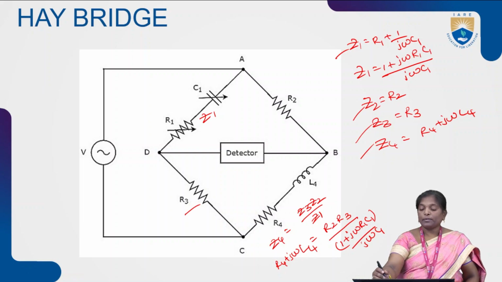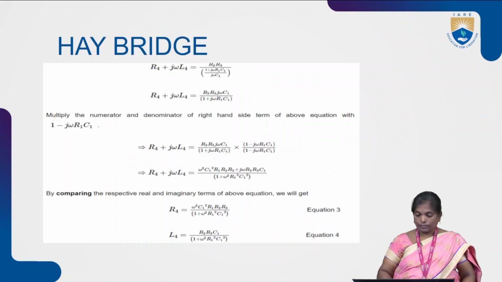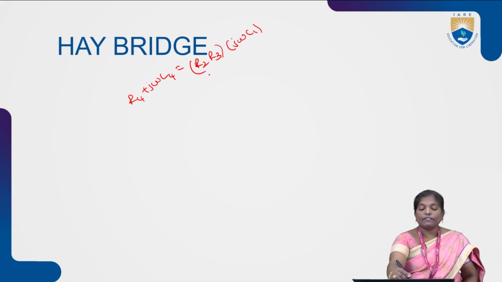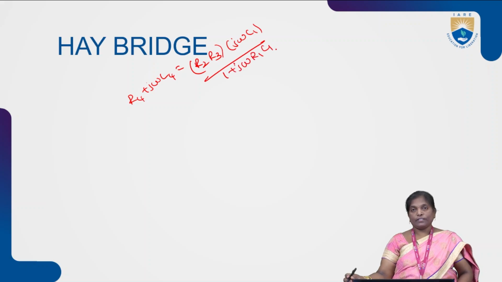That expression can be rewritten as R4 plus J omega L4 equal to R2 R3 into J omega C1 by 1 plus J omega R1 C1.